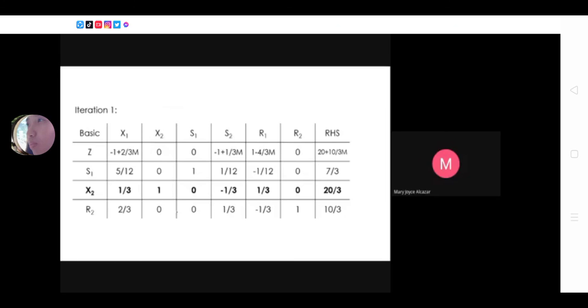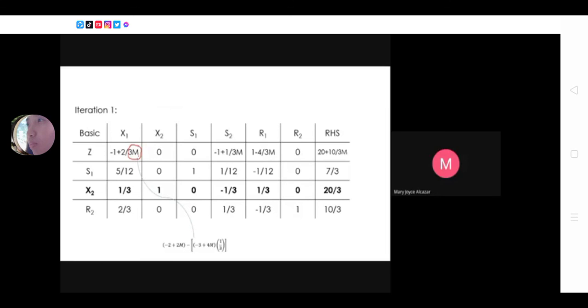So I will not compute them one by one. So for example, this value came from negative 2 plus 2m minus negative 3 plus 4m times 1/3. So you will compute for the values with the m's. So you will not replace the m's by 100. You will compute them as they are.